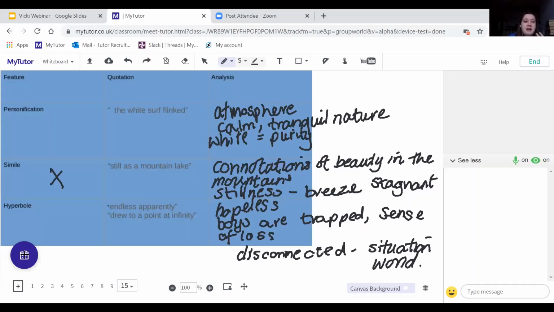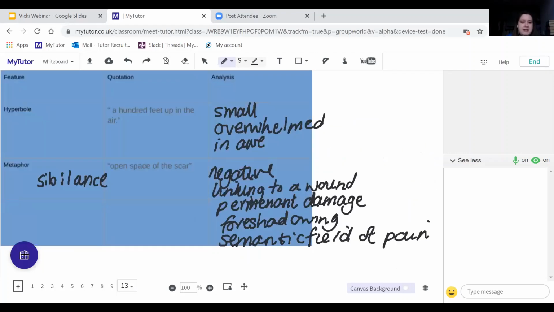So I'm going to eliminate the simile. I think I'm probably going to want to talk about this hyperbole, because we can talk about both of those together, and we've come up with some really nice ideas for analysis. I'm likely to say let's not bother with the white surf flinked, because it's relatively short and not particularly interesting.